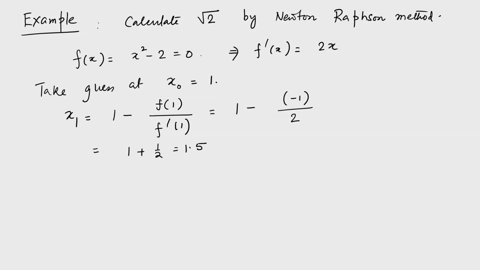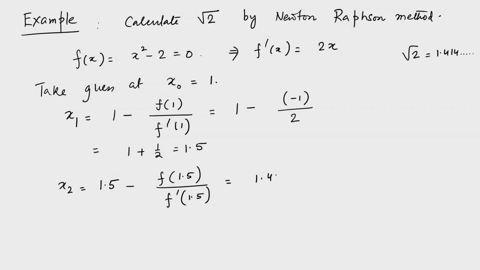If you want to iterate further, if you feel that the value has not been reached, the value is like 1.414 etcetera, which is very well known. Now your x 2 will simply be equal to x 1 minus f of x 1, which is 1.5, divided by f prime at 1.5, and this comes out to be 1.41667.